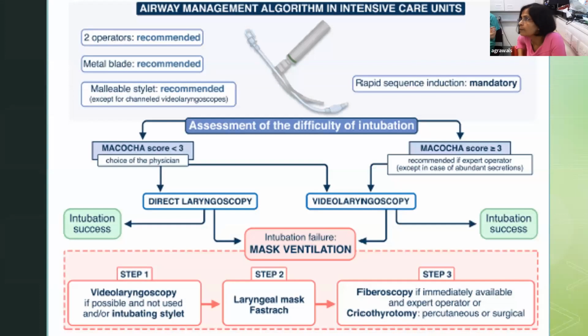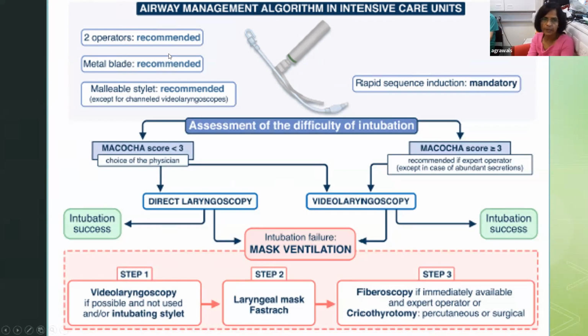Now, I'm very aware that I've been going on for quite a long time, so I'll not go into the details of these. But in Intensive Care Medicine, only this week, there's an article talking about intubations in critical care, and they've got a very nice algorithm for how we should go about it.